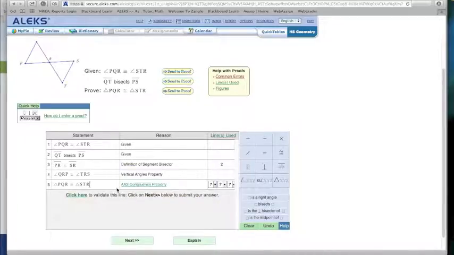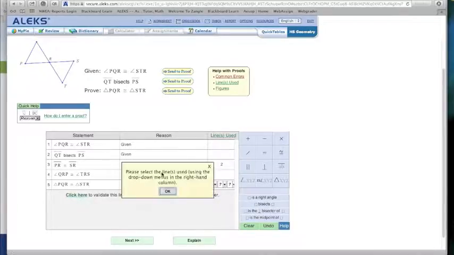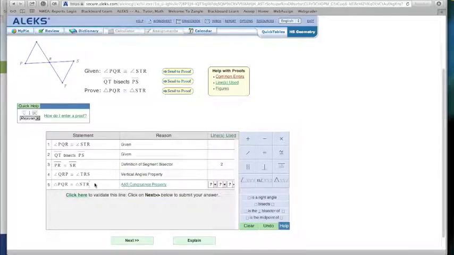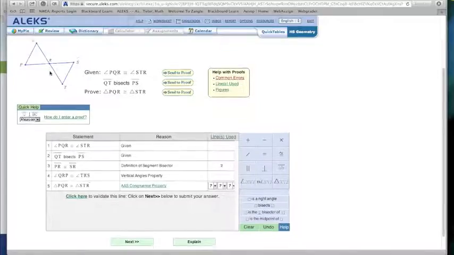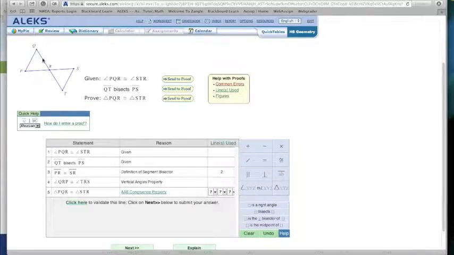You saw that error pop up there, and the error says please select the lines using the drop-down menus in the right-hand column. So I have to justify this. Let's go after one of the angles. Let's go after angle PQR and angle STR. That's this statement, so that's step 1. And then PR and SR, that's statement 3.